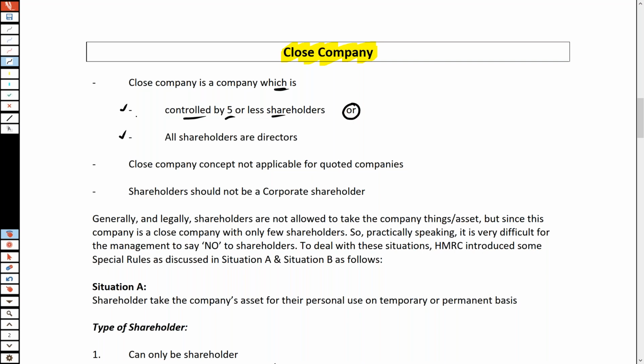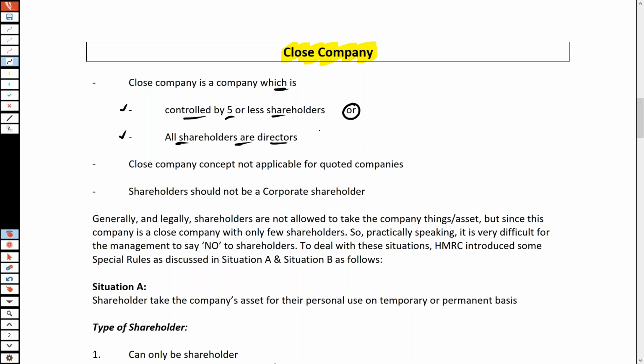If any of these conditions is met, the company would be considered a closed company. The first condition: any company which is controlled by 5 or fewer shareholders, and the other condition: or all shareholders are directors. What does it mean?